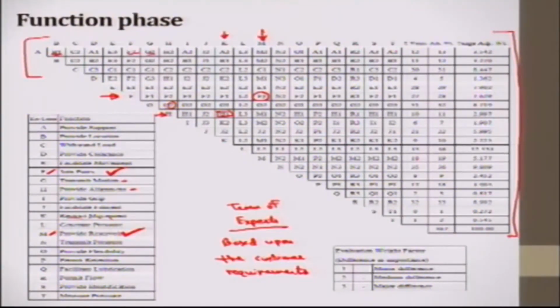In a similar way, we put the letter of whichever is the important function. For example, this O2, I will take one more example here. In O2, O is the important function, in the matrix of O and I. O is more important than I, and the difference of importance is medium.